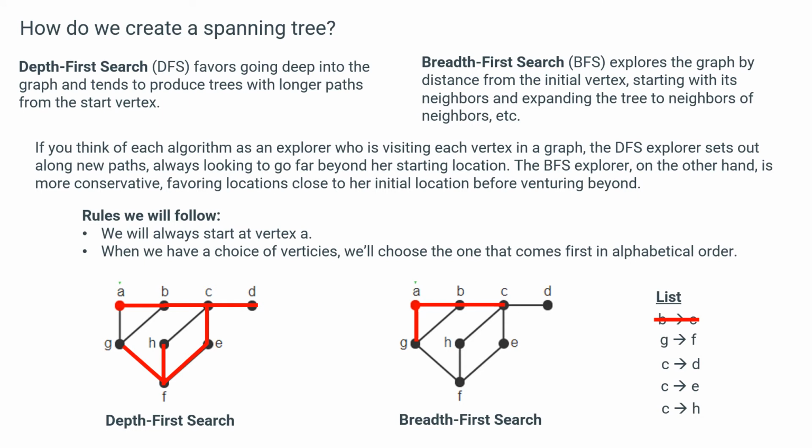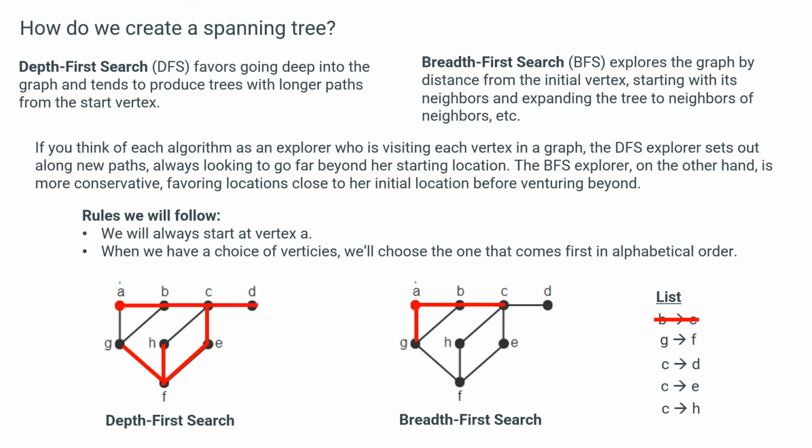Okay, now once I've done that, I did the B to C, and then I took note of all of these neighbors of C. The next thing I do again is go to the list.